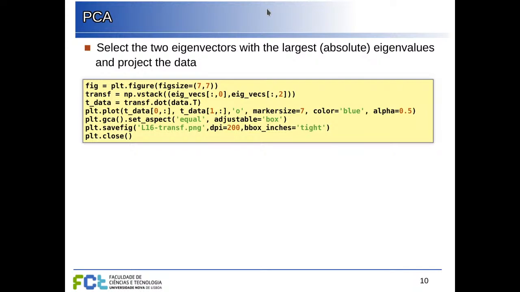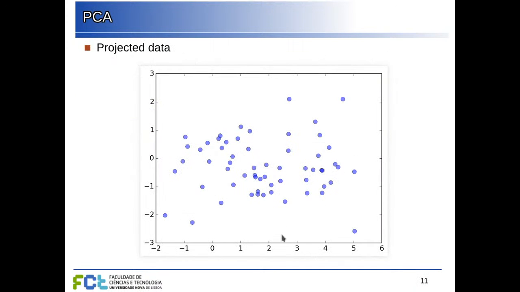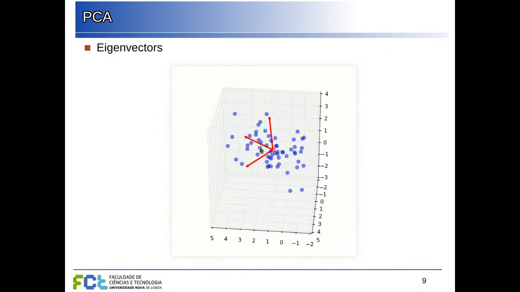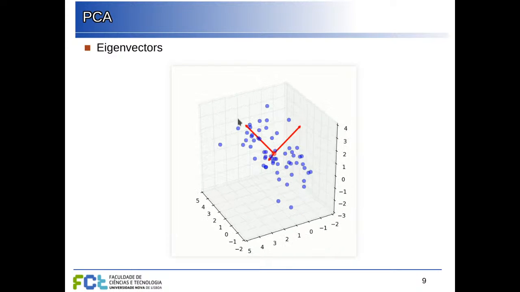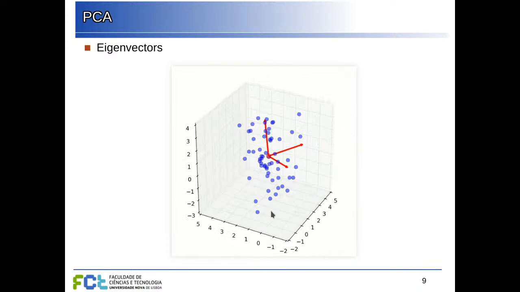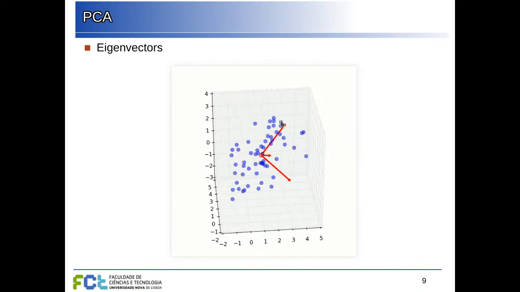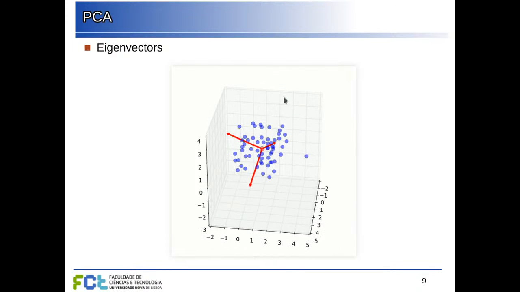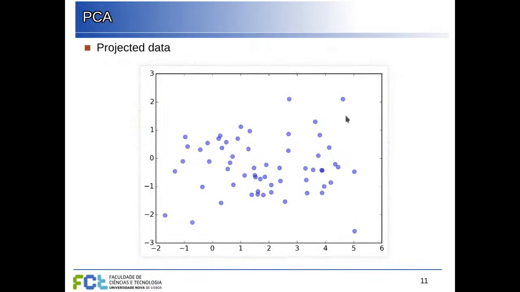So the result that we get when we plot this is the result of plotting using one of these vectors, this large one, this one that's pointing in the direction of the largest spread, as the x coordinate, and the other vector as the y coordinate. So we get this here.